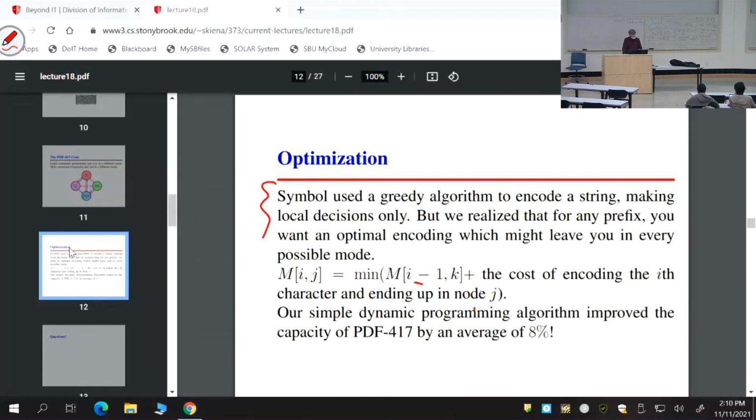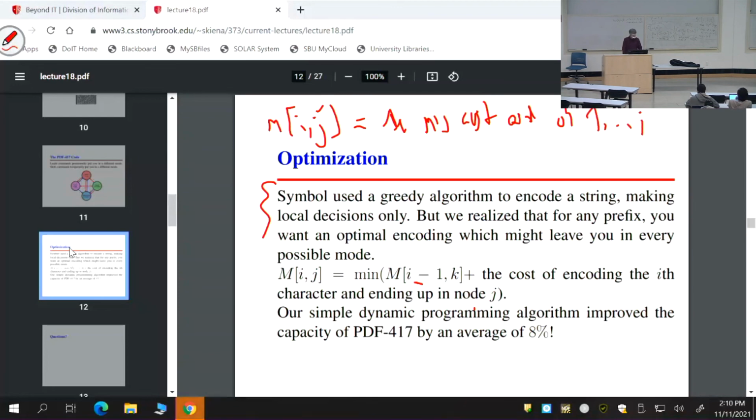If you want to find the optimal way to encode it, what if we define m sub ij as being equal to the min cost encoding of the text from 1 to i, the first i characters of the text, ending in mode j. Okay?